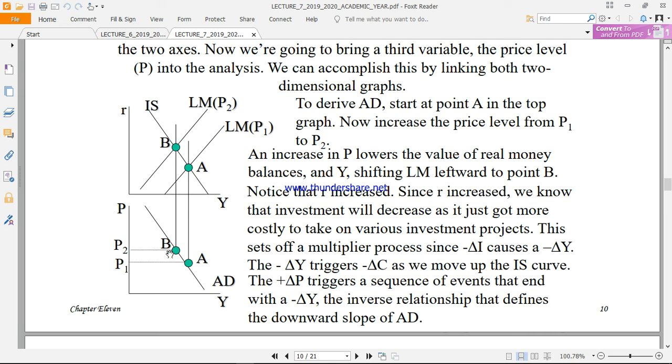So we then expect output to reduce from that level to that level. All right. So I am saying that this sets off a multiplier process. Because of that negative change in investment, we are going to witness a negative change in output, and the negative change in output is going to trigger a negative change in consumption.